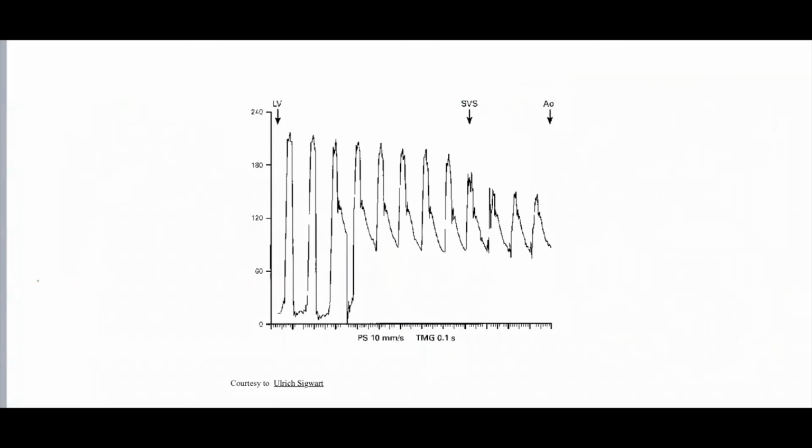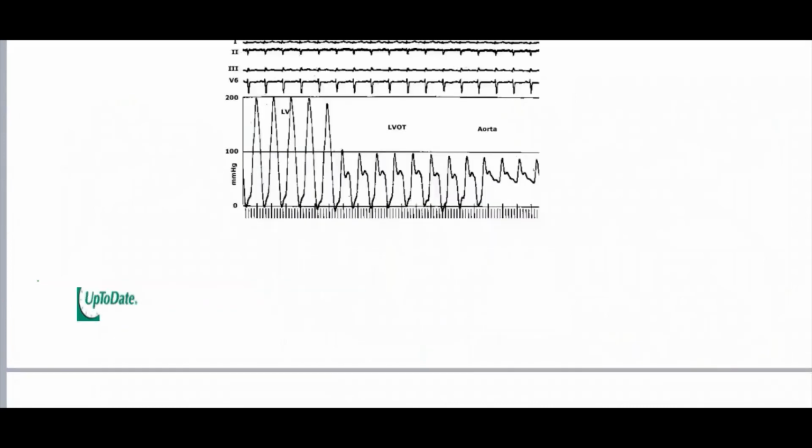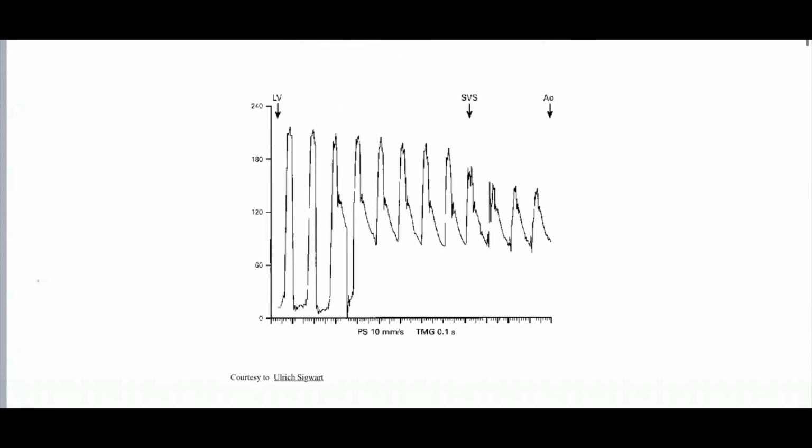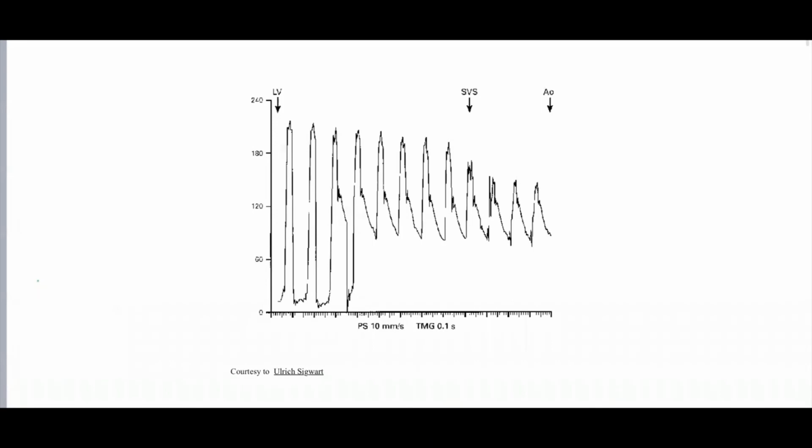Thank you. Now, what is this? Well, you did not tell me about this one. What's the diagnosis here? We said LV gradient is kind of normal, but between aorta and aorta there is a gradient.